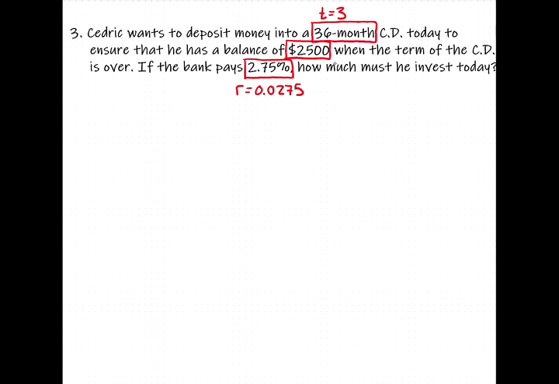He wants a balance of $2,500 when the CD is over. So that's the future value. And the question is, how much must he invest today? How much does he have to start the account with? So that's the principal value.